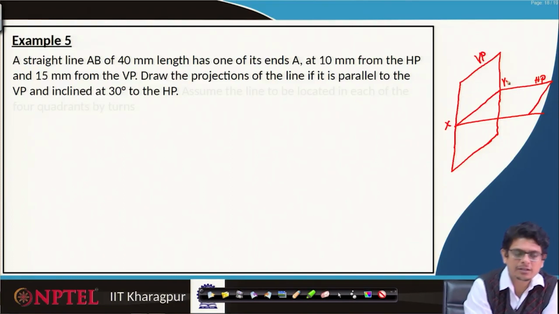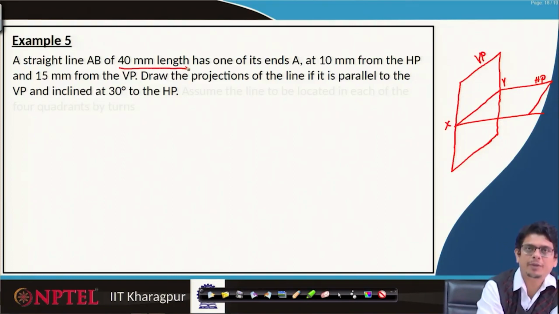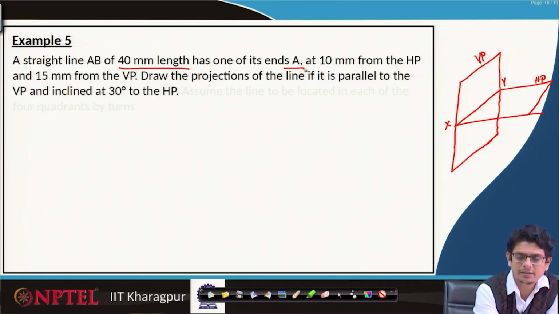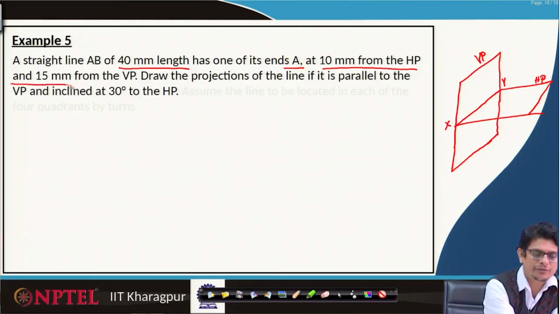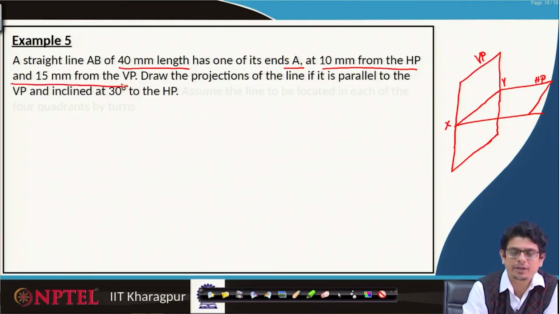It is a straight line of 40 mm length. One of its ends A at 10 mm from HP. From HP 10 mm, so it can be down, it can be above, and 15 mm from the VP.